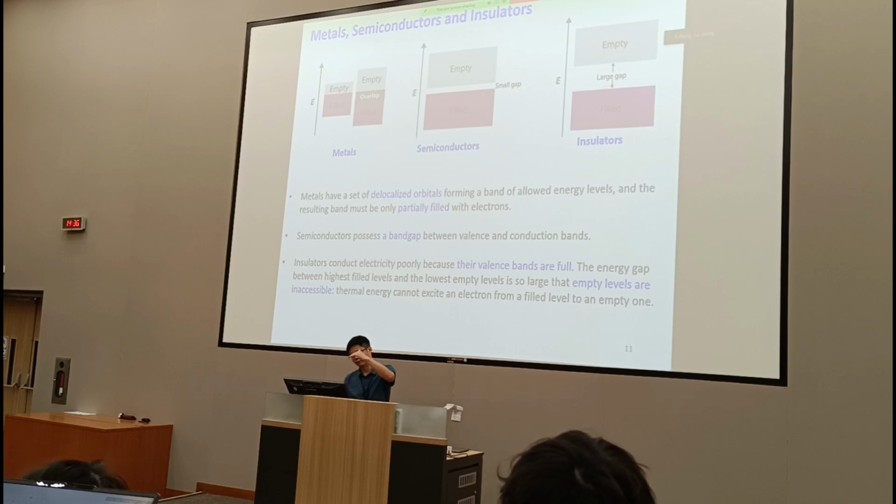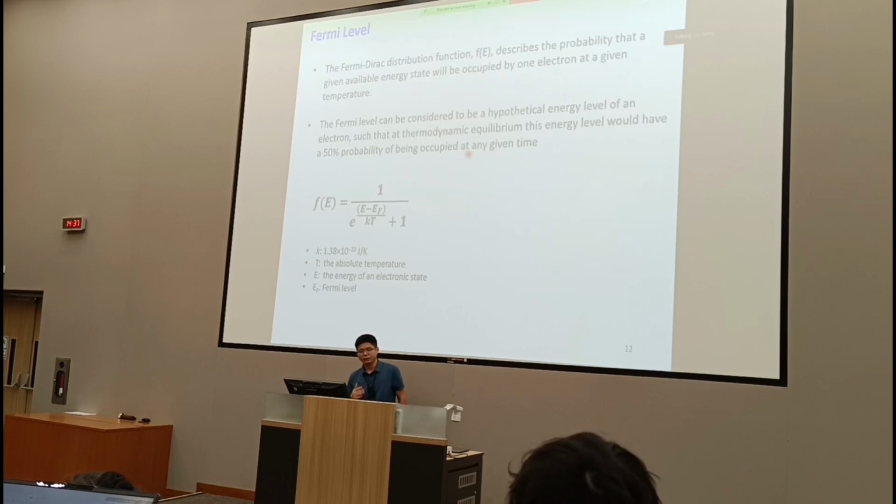Here you fill until the top level, which is basically your frontier, the valence band maximum. Beyond that you have the empty conduction band. So we need to define a hypothetical level, which is called the Fermi level.